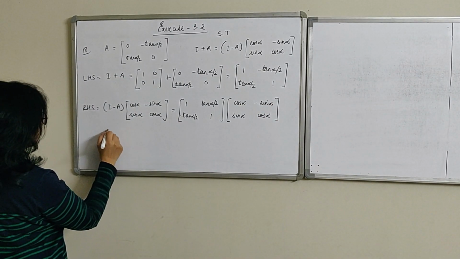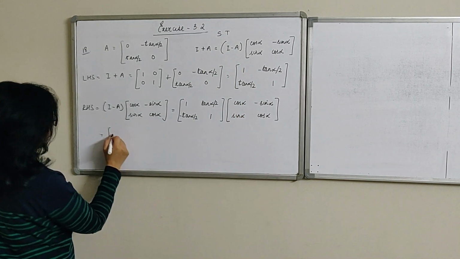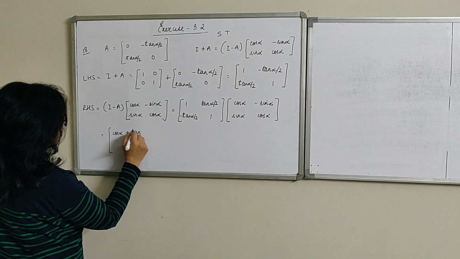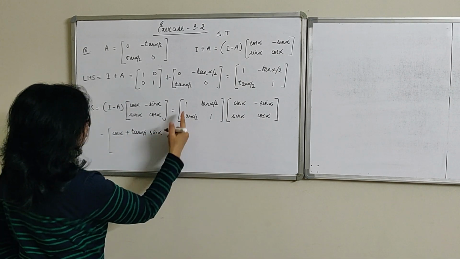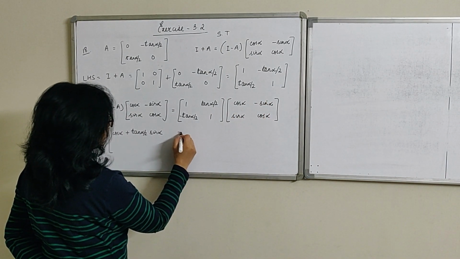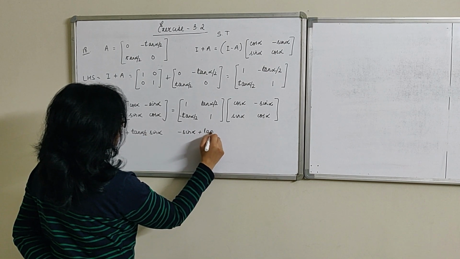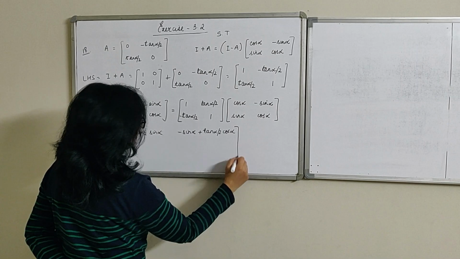Now performing this multiplication, first row multiplied by first column elements gives us cos alpha plus tan alpha by 2 into sin alpha. First row multiplied by second column, so minus sin alpha plus tan alpha by 2 cos alpha.